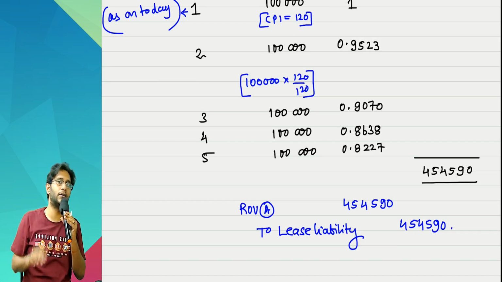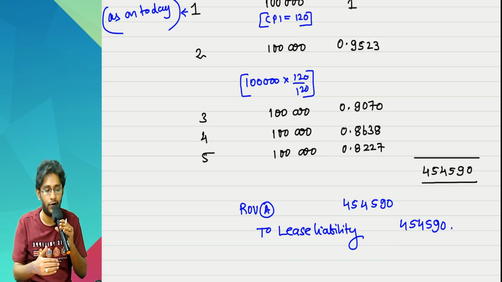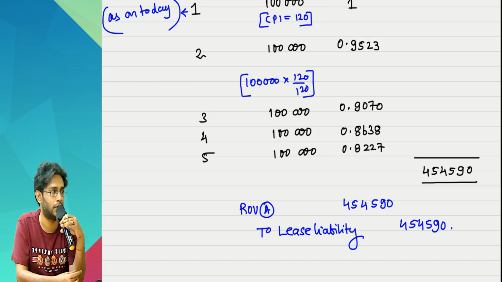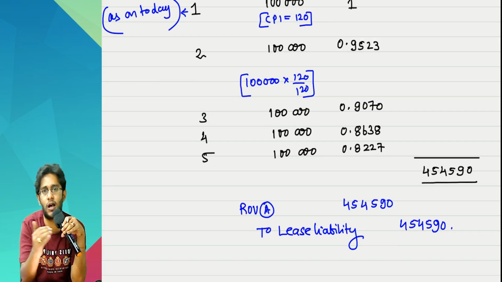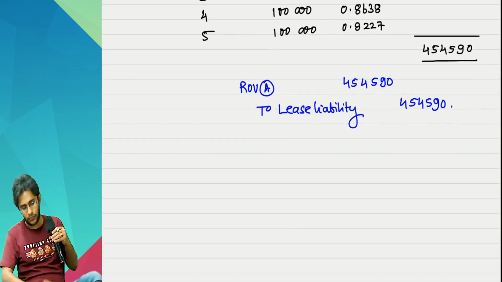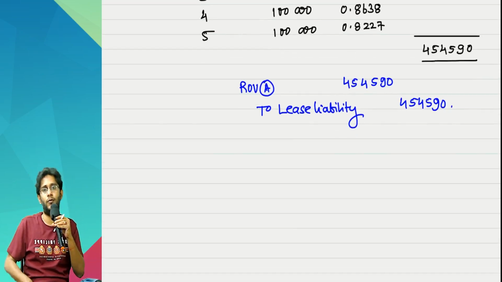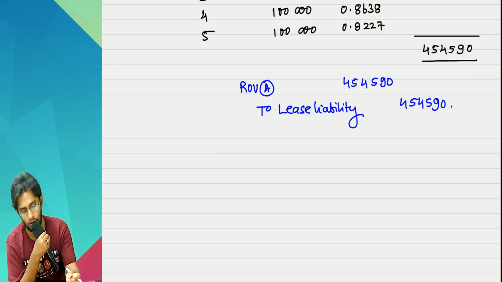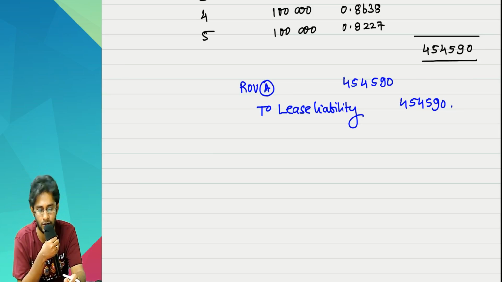Your reassessment is happening at the beginning of the 4th year, correct? So up to 3 years normal accounting will continue. For ROU asset you will provide depreciation, and for lease liability you will be applying the amortization table.